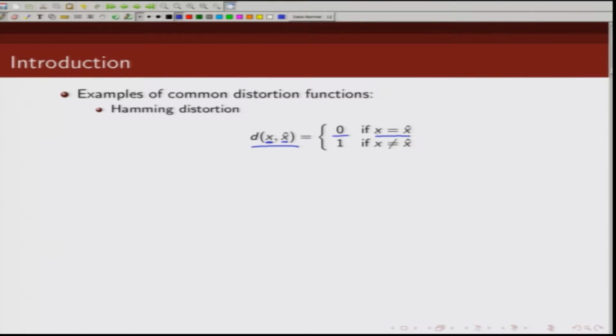However, if they are different, then the distortion is 1. So in Hamming distortion, it is 0 if there is no error, and it is 1 if the source alphabet and the reproduced alphabet are different.